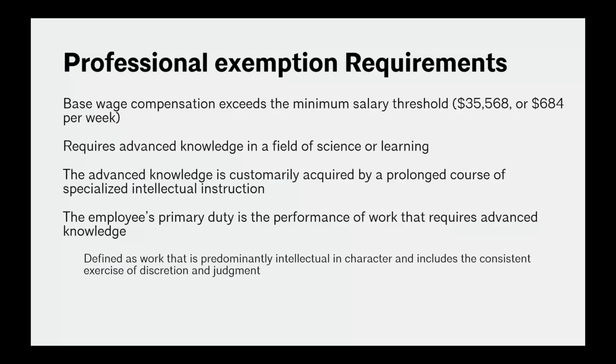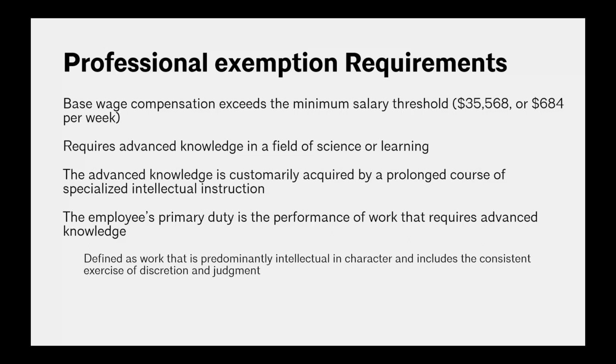So, Ed talked about the need to have a base compensation greater than $35,000. Any graduate from a NAAB accredited program is certainly going to be making more than that, and you'd say, oh, they ought to be salaried. They also show advanced knowledge in a field of science or learning.